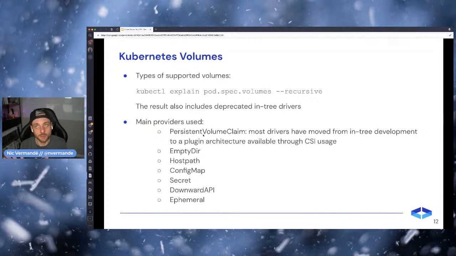Pod IP is not a great example for a volume, but if you want access to annotations and labels, all of that can be mounted. All this information can be mounted into volumes. And also something a bit recent, which is ephemeral volumes, which is kind of the same as emptyDir, but with extra components and also managed with CSI, and gives you another set of capabilities like limiting the size, doing snapshots, all of that.